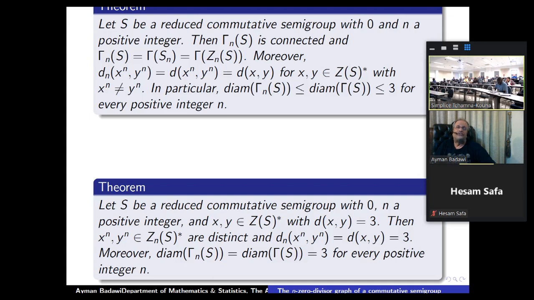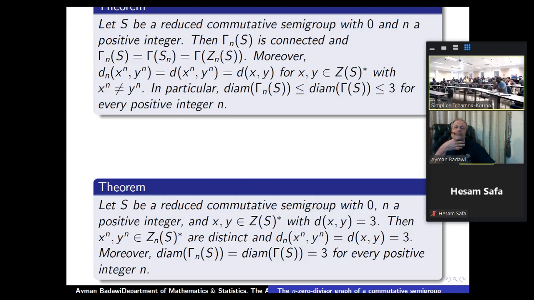This is kind of interesting, because x to the n and y to the n are elements in Sn. And this d indexed by n just tells you that I measure the distance inside Sn. I want to go from xn to yn as elements in Sn. The distance will be the same as the distance between x to the n and y to the n in the classical zero divisor graph.